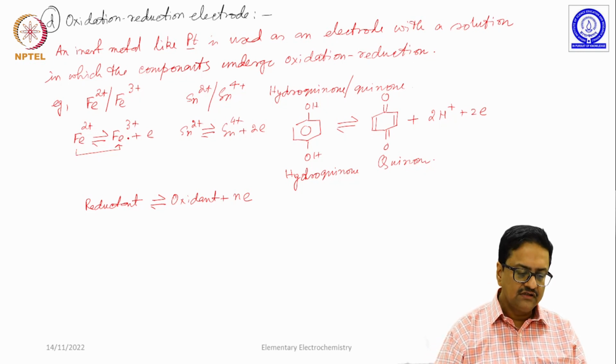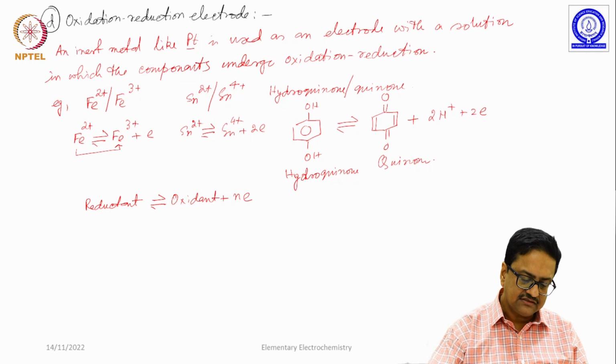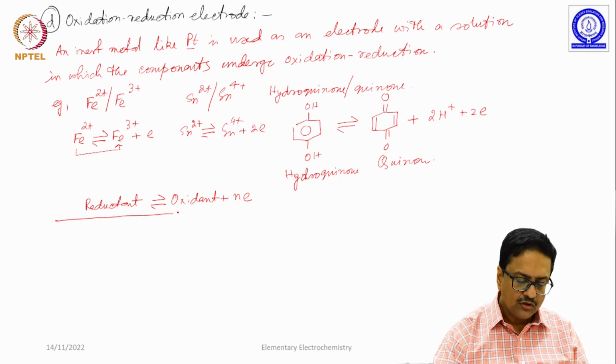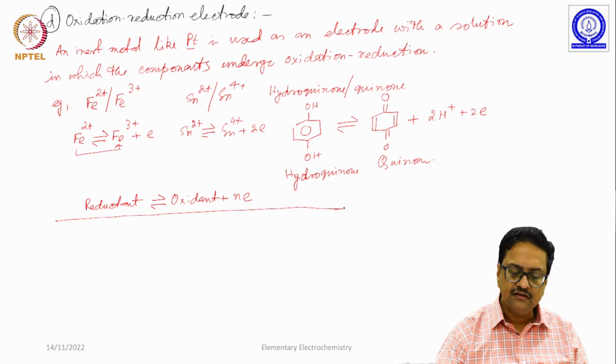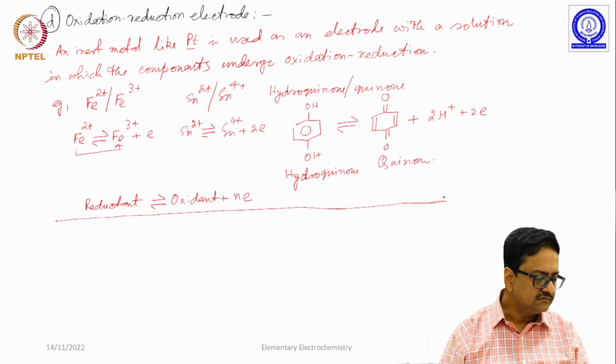Now, if you remember the Daniell cell, where we had zinc and copper as electrodes, those represent a cell where one uses the metal ion as electrode.